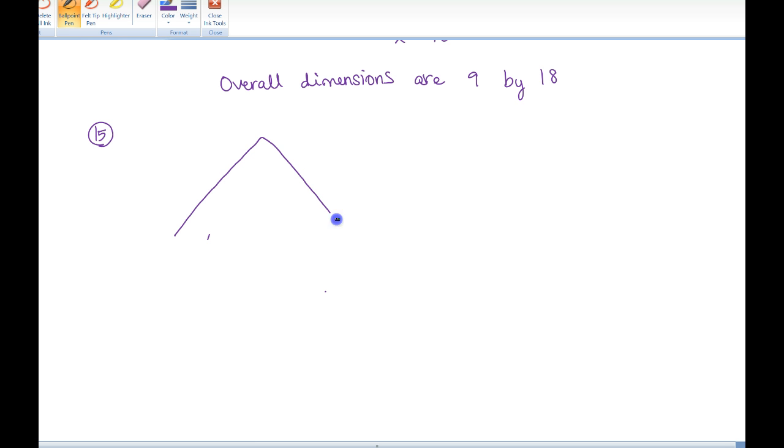So we have A and B, and the angle between them is theta. Okay, so what value of theta will maximize the triangle's area? So the area is going to give us 1/2 AB times sine of theta.